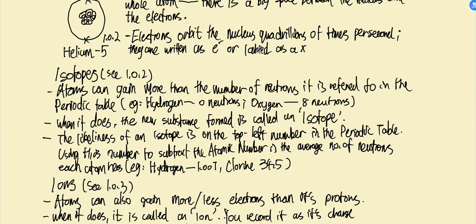It's probably stable. But if he is forced to take 40 kilograms, like 2 times 20 kilograms, he probably can't handle it. And even if you increase the weight, it's harder for him to carry all of it. So he becomes unstable and would probably collapse. That is about what isotopes are.